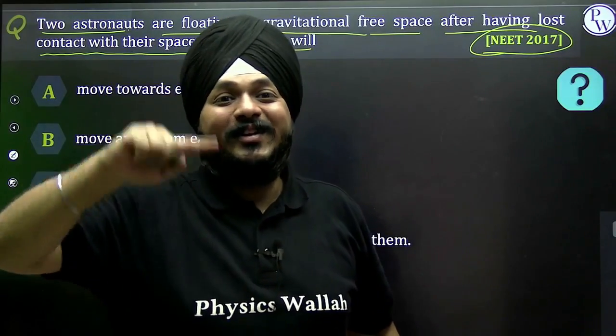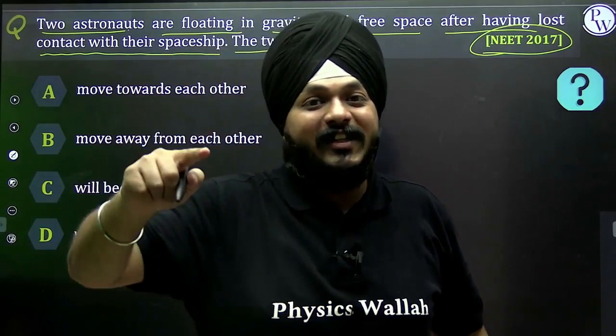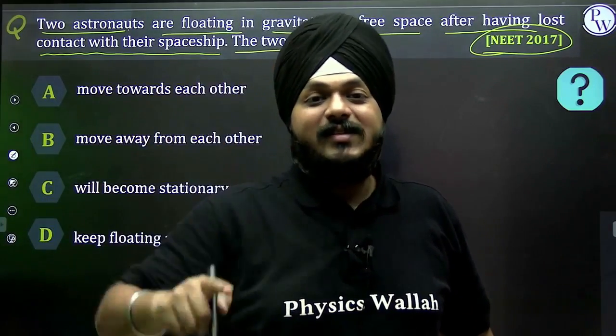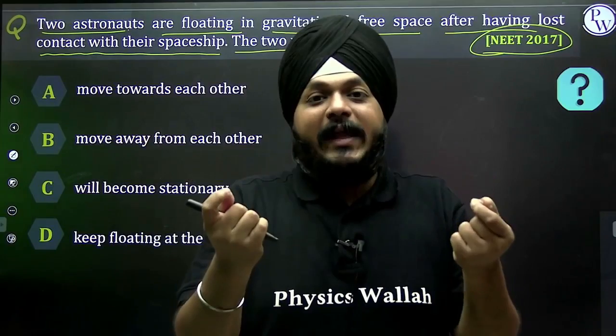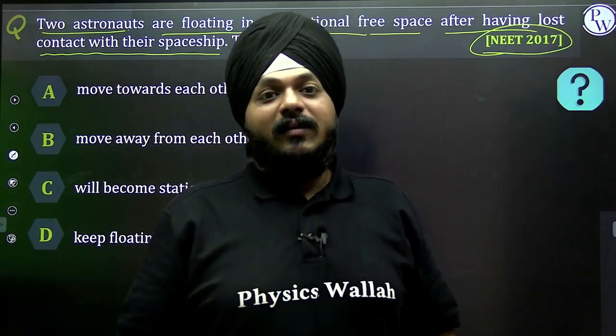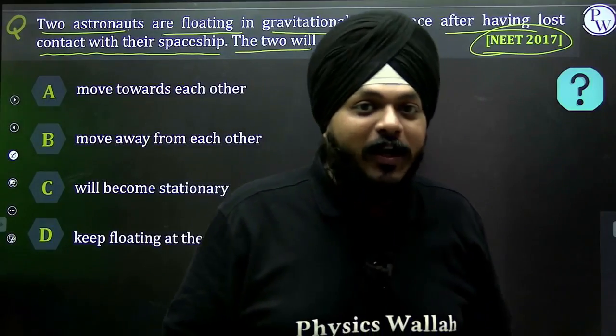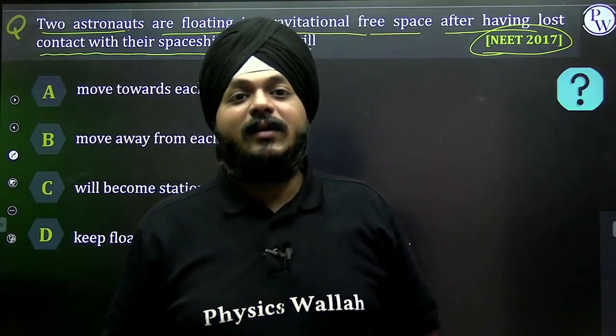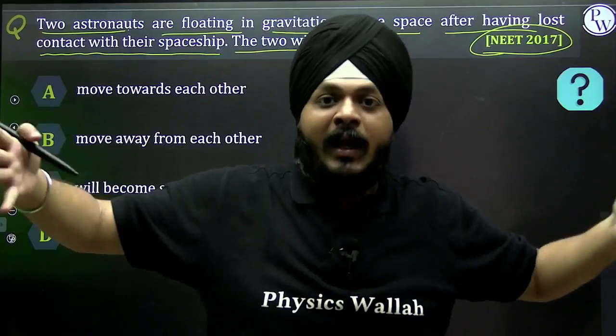What does Newton's law of gravitation state? It states that any particle in the universe has the tendency to attract another particle. Whether they have a mutual force of attraction or not, yes, I can understand they are at very large distances.